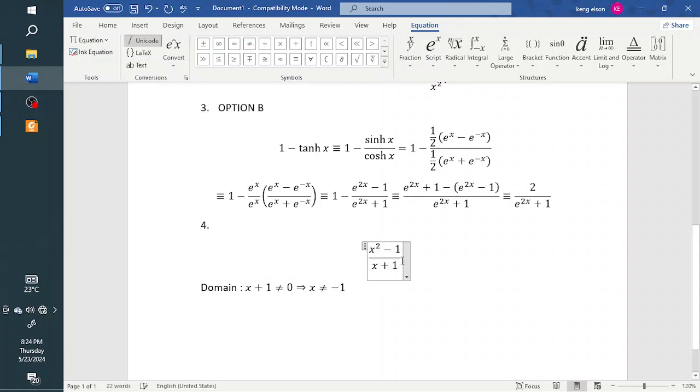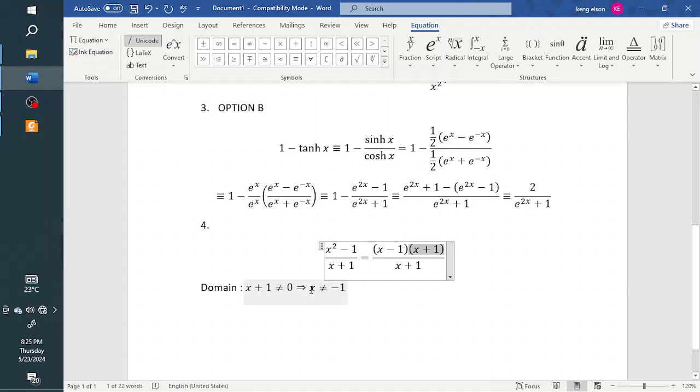But look at this function again. You see that the numerator is a difference of 2 squares, x plus 1 times x minus 1. Now you see that this x plus 1 can cancel off. That is what we call a removable discontinuity, because a function is continuous in its domain. Therefore, if you are not in the domain of definition of the function, then the function is discontinuous there.